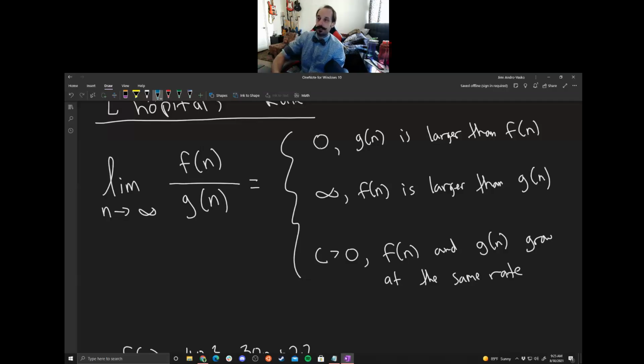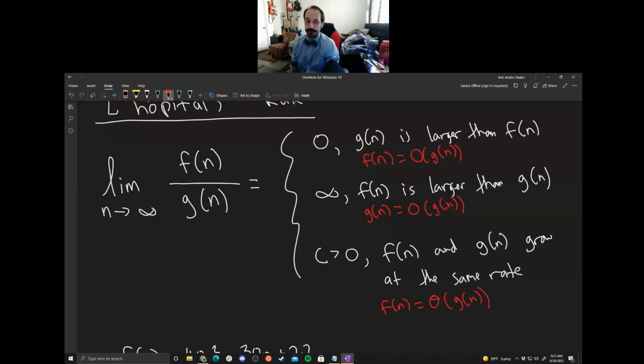Let me put this here just as a note, so we can make the assumption. So f of n is O of g of n. In this case, g of n is O of f of n. In this case, f of n equals theta of g of n, because they have the same growth rate.